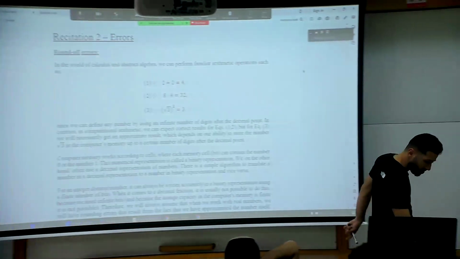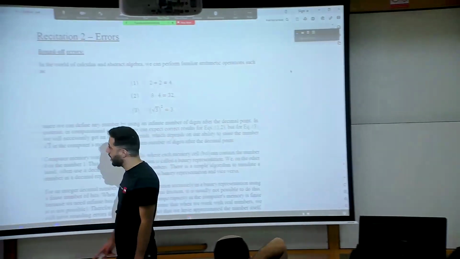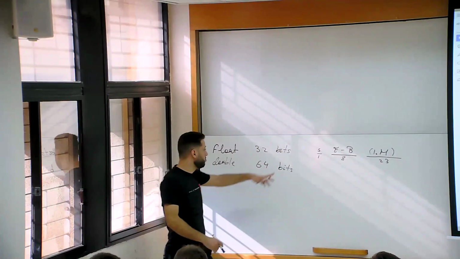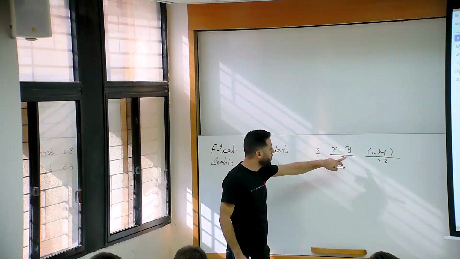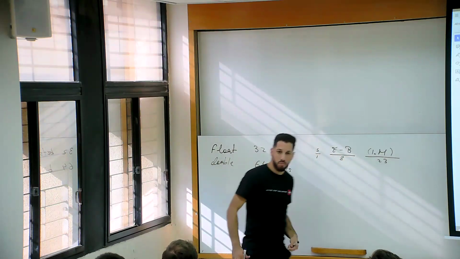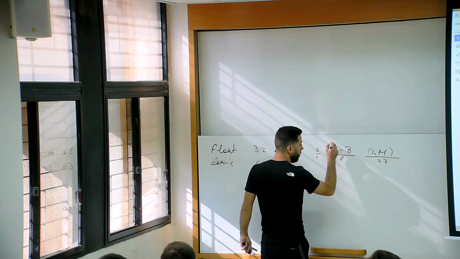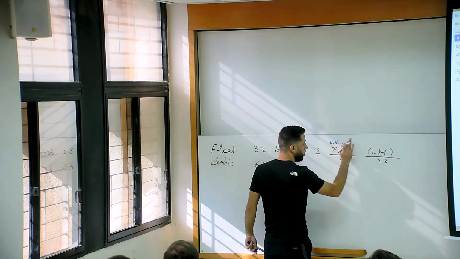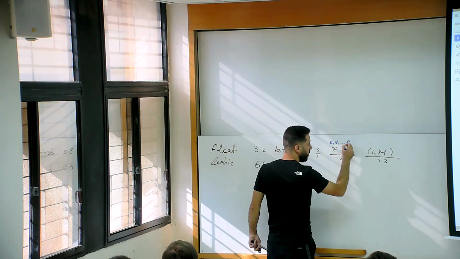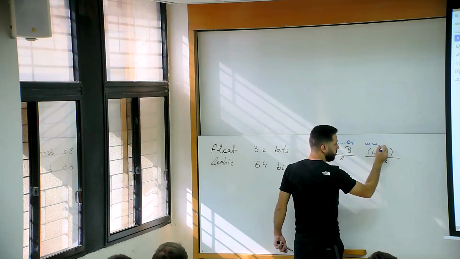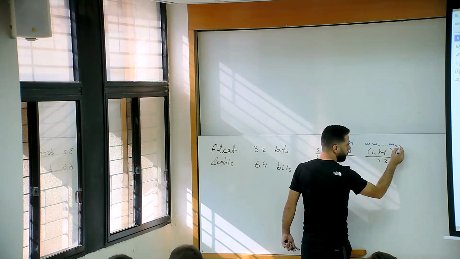I will write down what the number is. In this representation, if you have 32 bits like this, let's say 1 0 0 1 0 0 1 1 1 and 1 1 0 0, let's call these bits E0, E1, up to E7, and let's call these M1, M2, till M23.